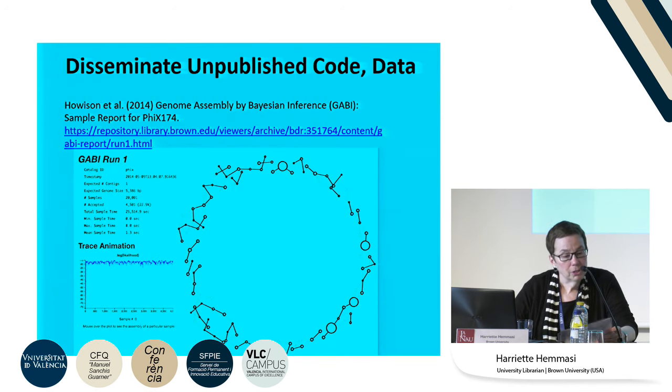We also disseminate unpublished code and data. This is an example of an interactive visual that the publisher was not willing to publish because they were afraid that the technology might not be sustainable over time. And so again, the library published this interactive graph and chart.